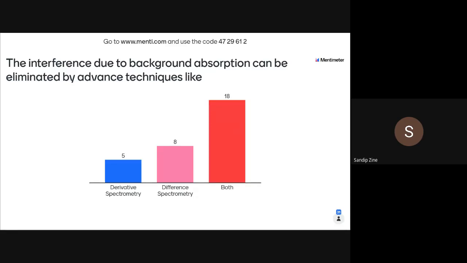In previous class, we have seen the background is nothing but the peaks associated with impurities which are present in our analyte, isn't it? And because of that, the featureless and unstructured spectrum, due to presence of impurities superimposed on a spectrum of an analyte, is called the background.